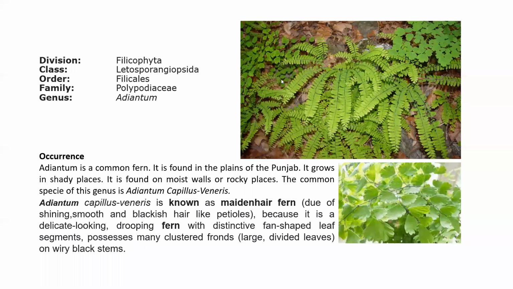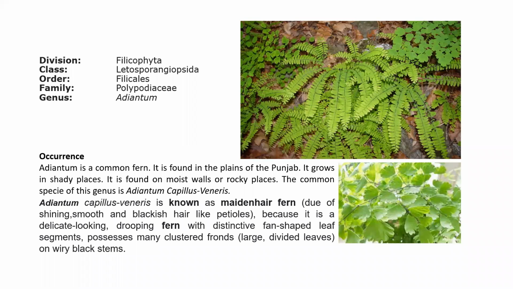Adiantum is a very common fern species in the region of the Punjab and hilly tracts of Pakistan. So Adiantum is a widespread fern. It grows in mild climate. Mostly it prefers shady, moist places.